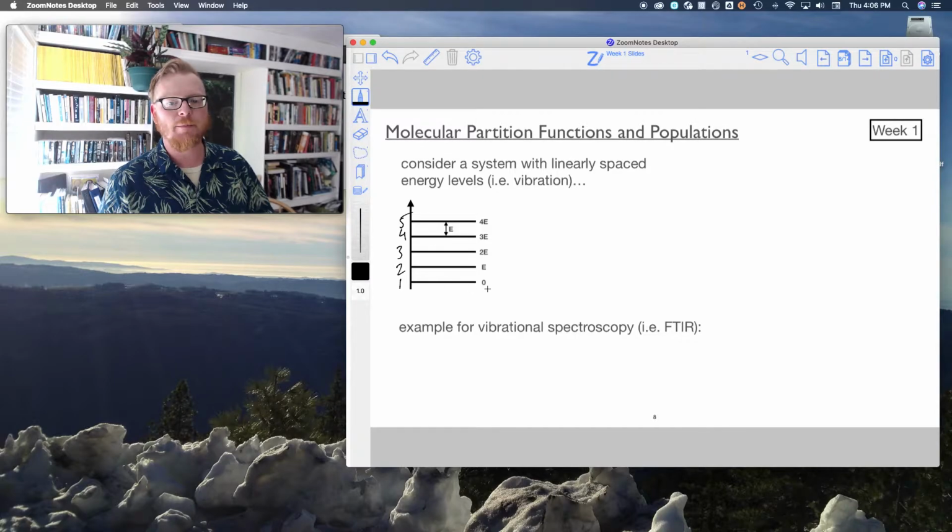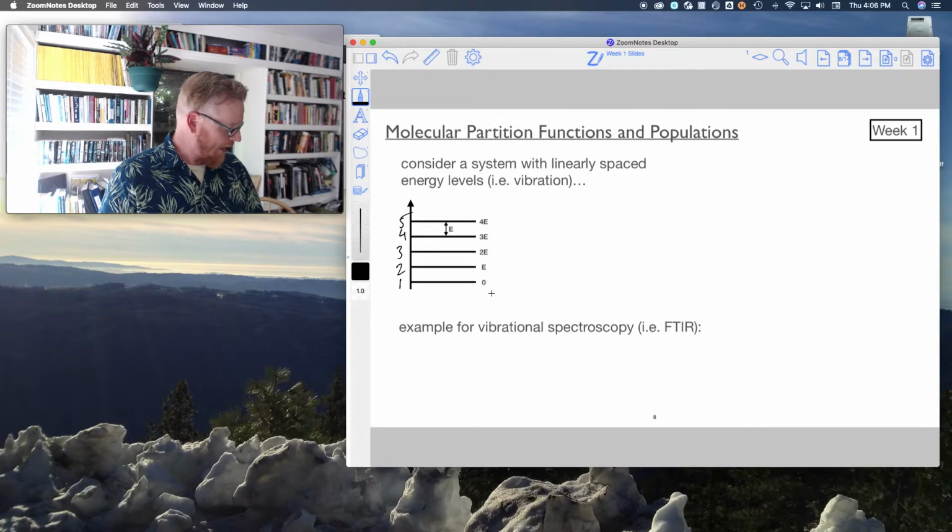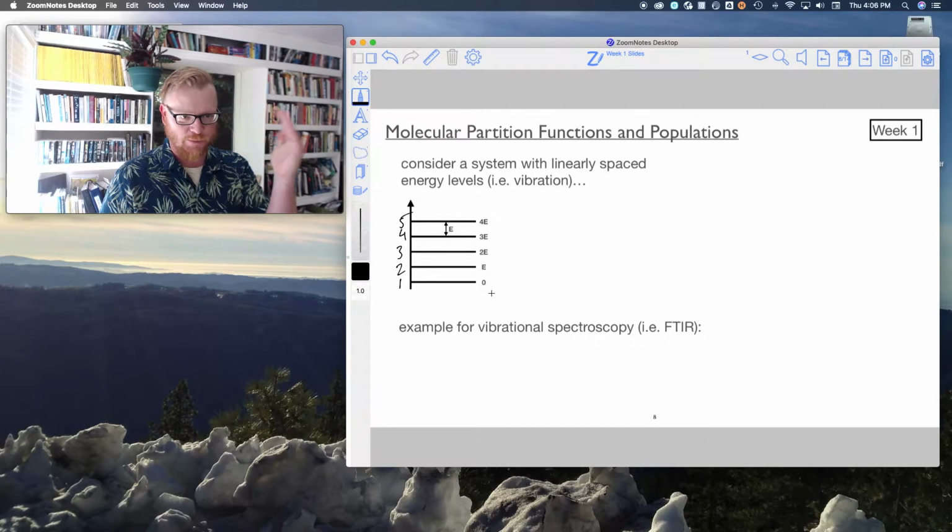This ground state, I'm giving it a 0 value, which is not to say that it doesn't have any energy at that state. It has its base thermal energy given to us by 298 Kelvin, the kinetic energy available.